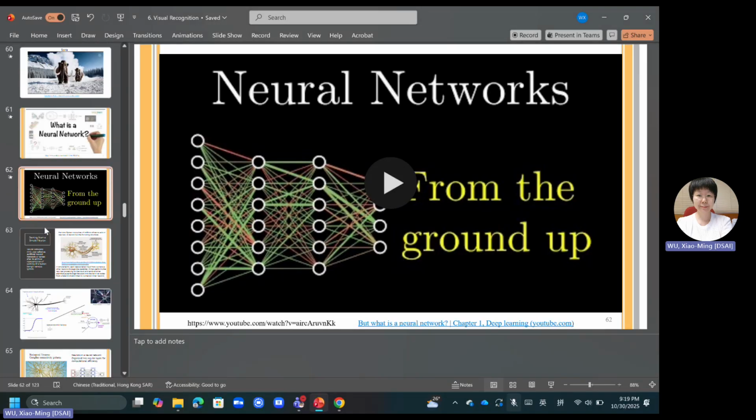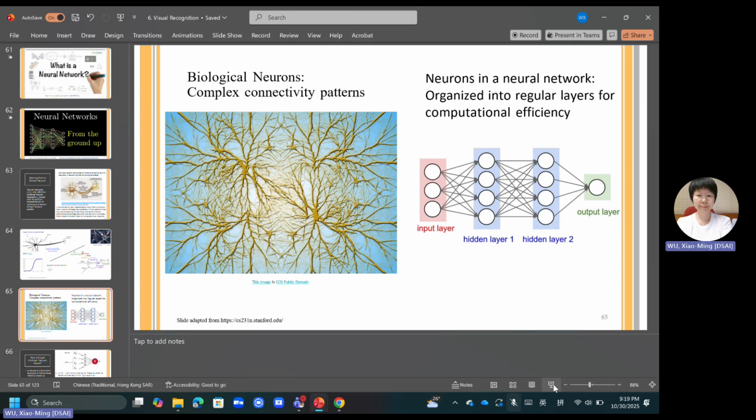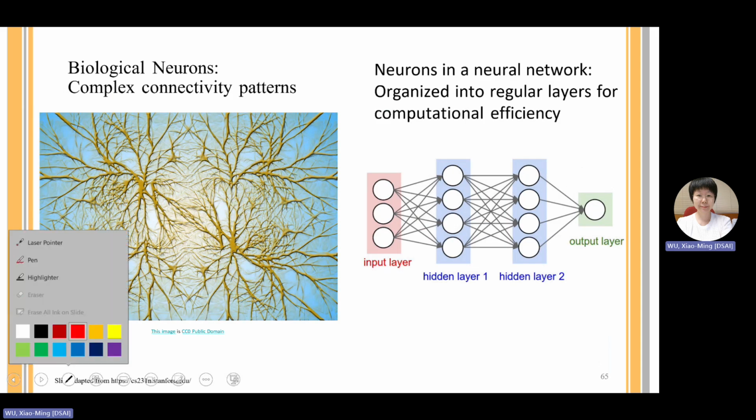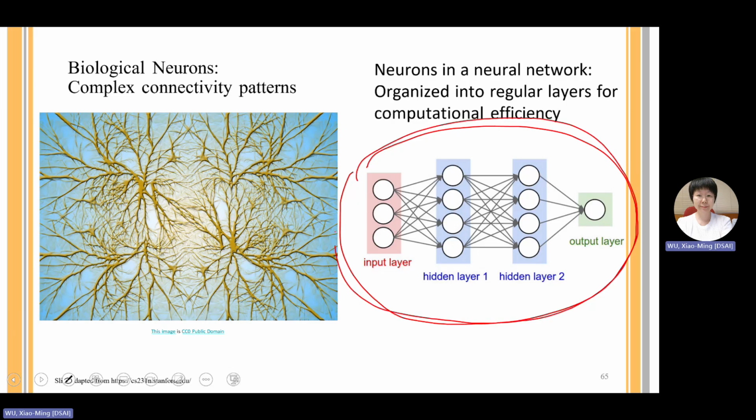We don't have time to explain neural networks today, but I would like to mention that the algorithm behind these powerful AI models is just a network consisting of many neurons.